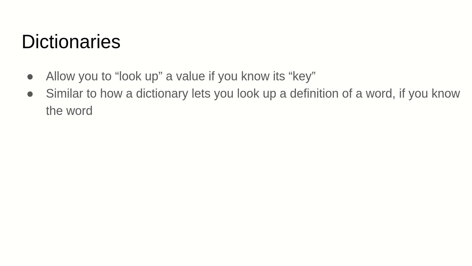For example, the social security number of a person to their student record, where the social security number could be the key and the student record would be the value that we look up, or the bank account number being the key and the bank account balance being the value.